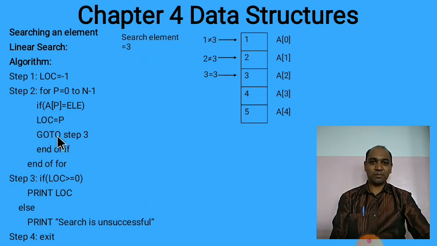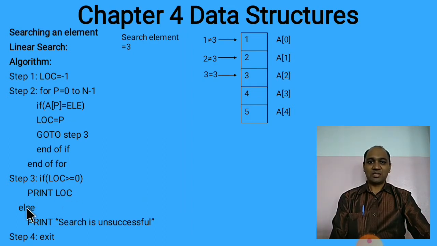Go to step 3, so we break out of this looping statement and move on to step 3. If location is greater than or equal to 0, location consists of the value of p, which is 2. So 2 is greater than or equal to 0, the condition is true, so it prints the location. That is, 2 is displayed in this particular example.